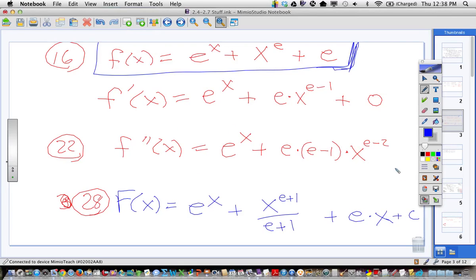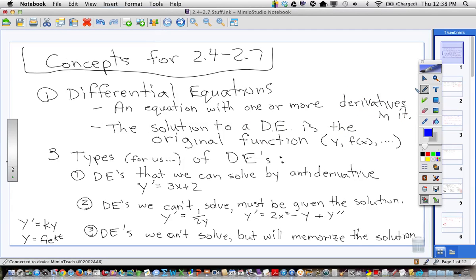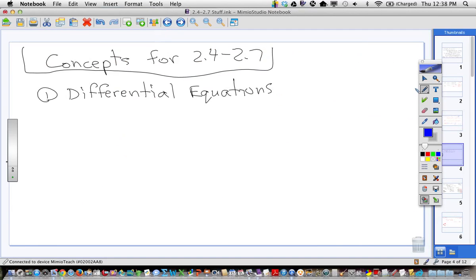So, all right. Well, if that's it, then let's go ahead and get your notes out, and we'll talk about a couple of new concepts here. They're a little bit disjointed. They don't really connect. I mean, they all involve derivatives, but other than that.